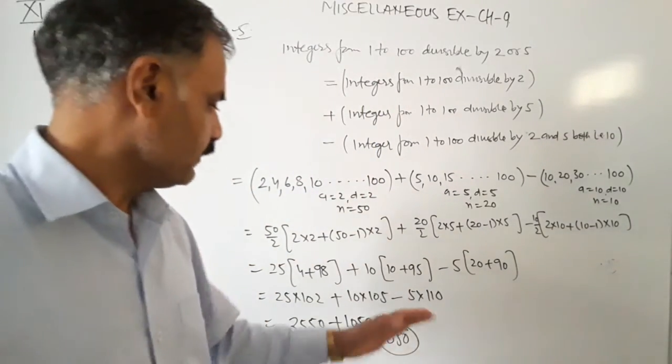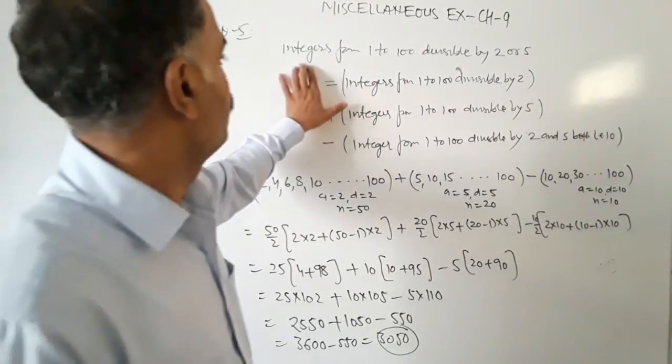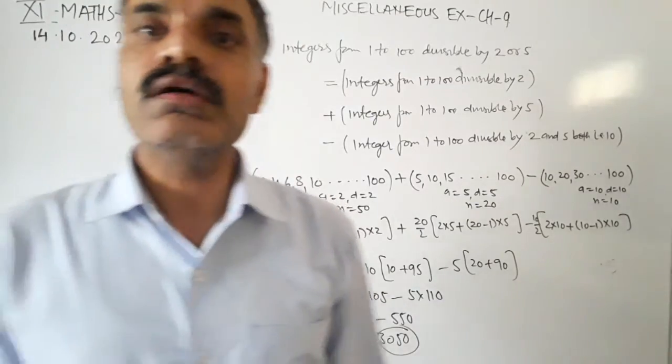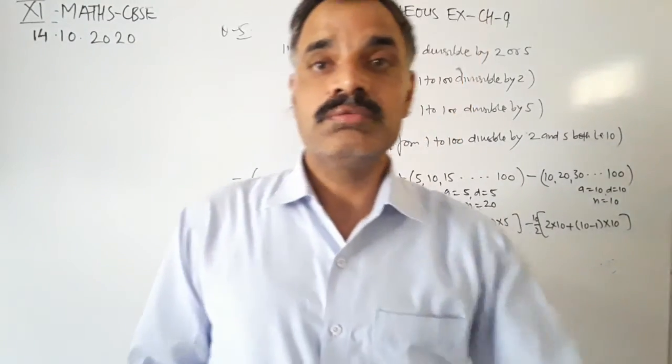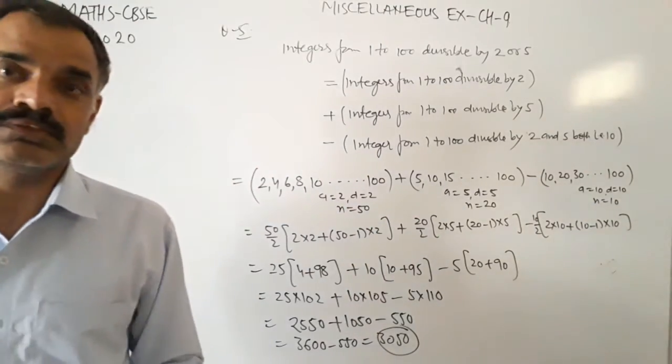So this is the sum of the integers from 1 to 100 divisible by 2 or 5. Okay. This was question number 5.